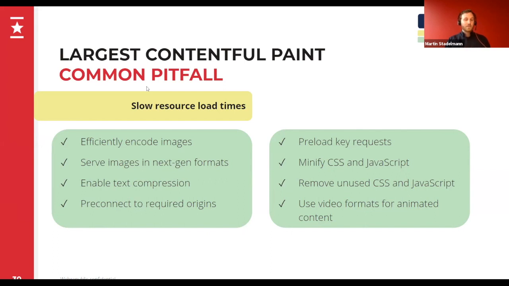The time it takes to load elements such as images or videos, if rendered above the fold, will have a direct effect on LCP. There are a few ways to ensure these files are loaded as fast as possible. For example, optimize and compress images, preload important resources, compress text files, or minify JavaScript and CSS files.